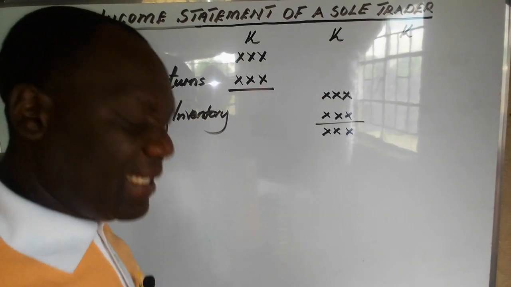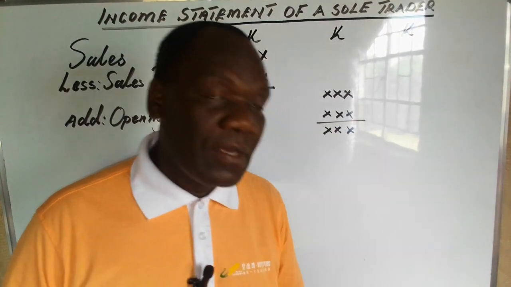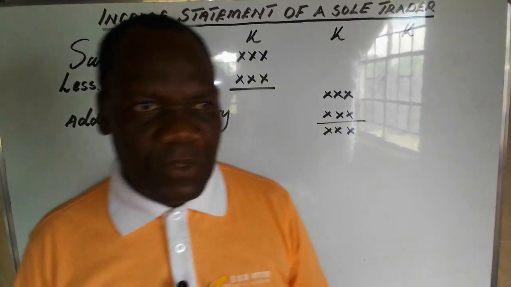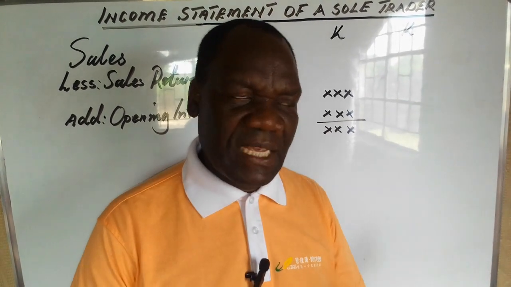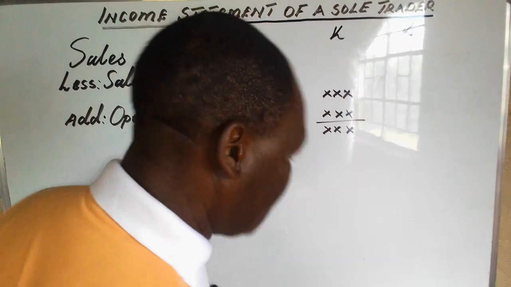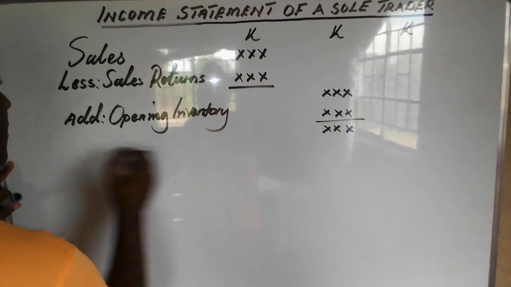Then the next item that you need to look at are the purchases. So meaning you need to add the purchases. These are the goods that you have bought for resale during the period. So you add the purchases to this one.